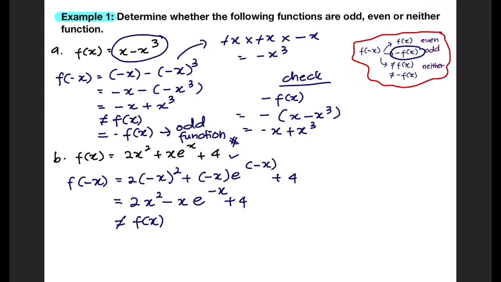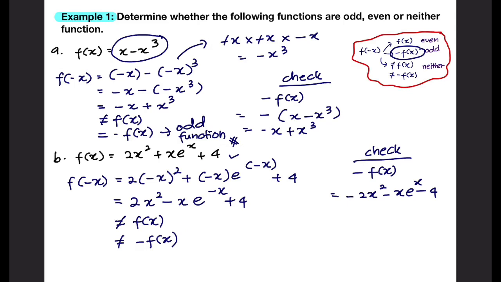Then you must check negative f(x), which is negative 2x square minus x minus 4. So not equal to negative f(x). So this function is neither even nor odd.